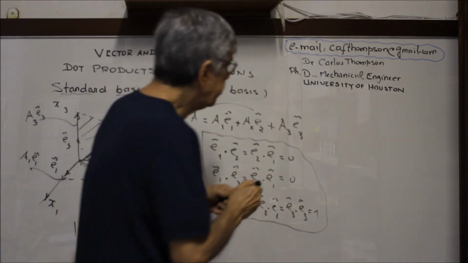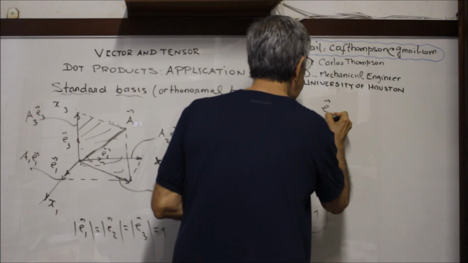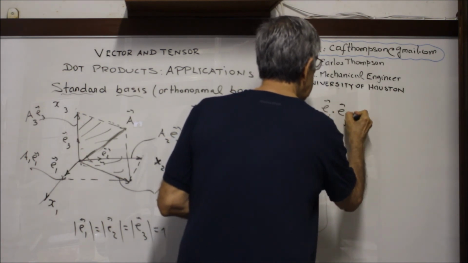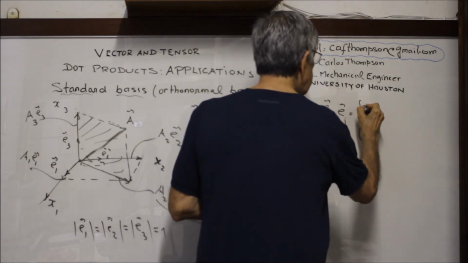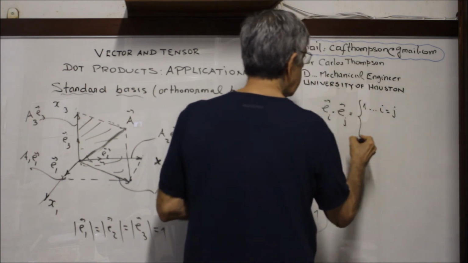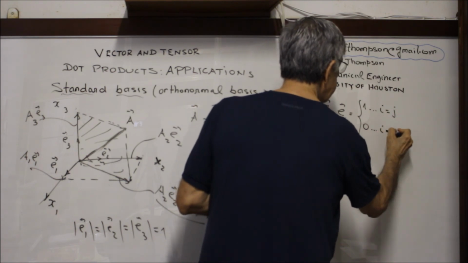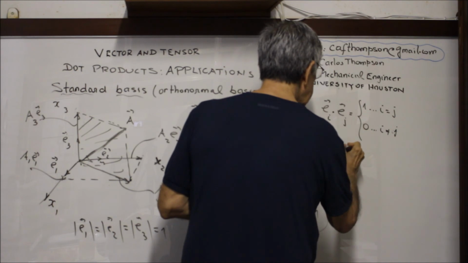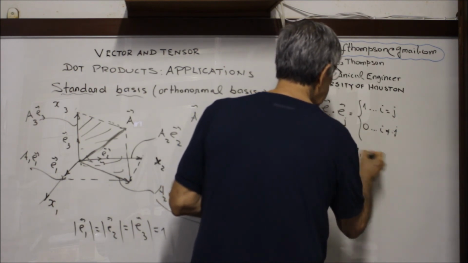We put here Ei dot Ej is equal. Look, now it's easy. This will be 1 for i equal j. This will be 0 for i different from j. Then i, j is equal 1 or 2 or 3.